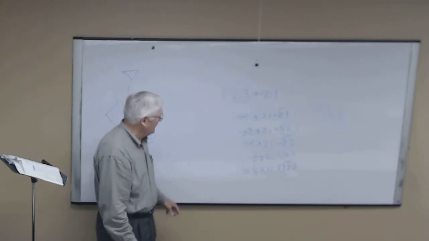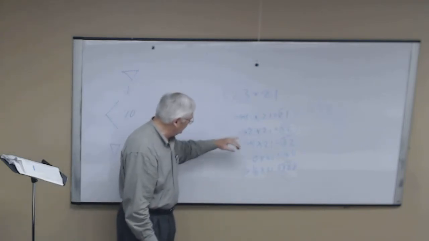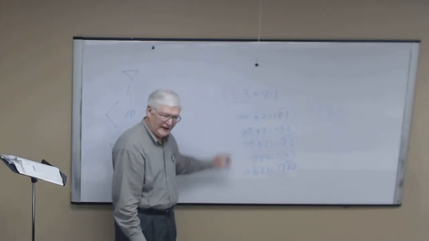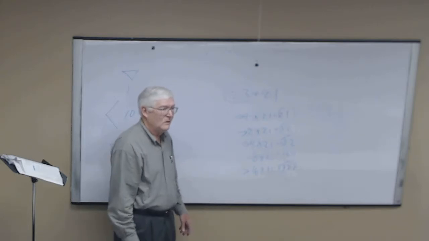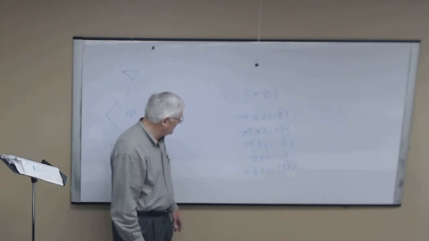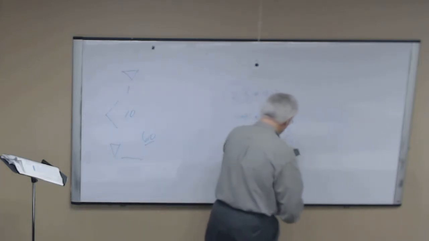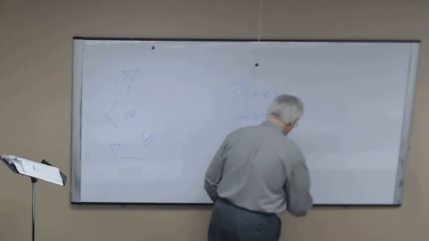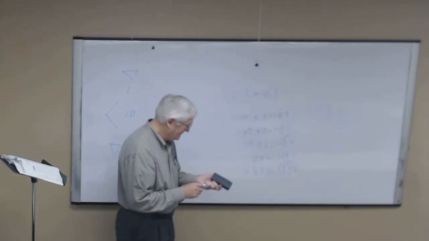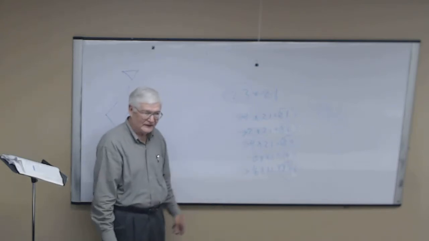What the test will do is it will show this, and then it'll say which rows do you add together, and it'll give letters to the rows. Yes. Shouldn't it be 84 for 4 times 21? Yeah, should be 84. There you go. Thank you. And that would be what, 168 and 336. Thank you. And then on the test it'll say which rows do you add together to get the answer.